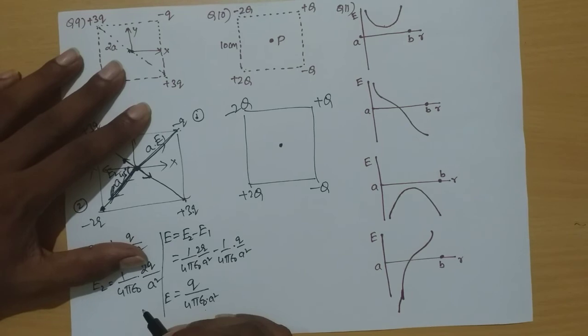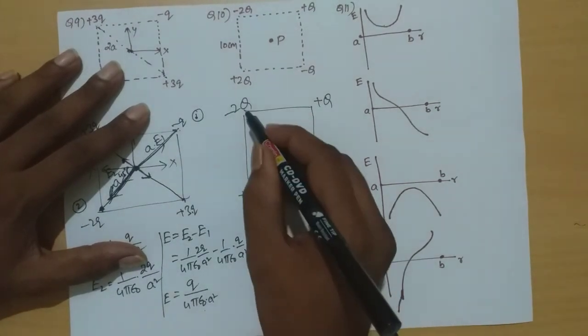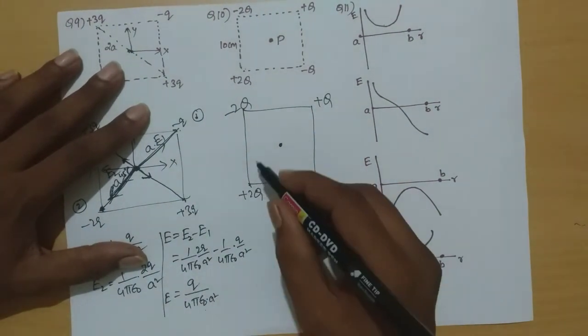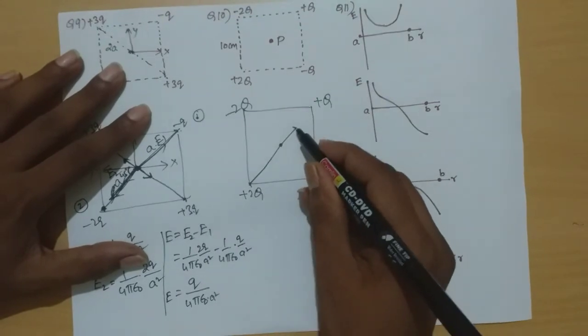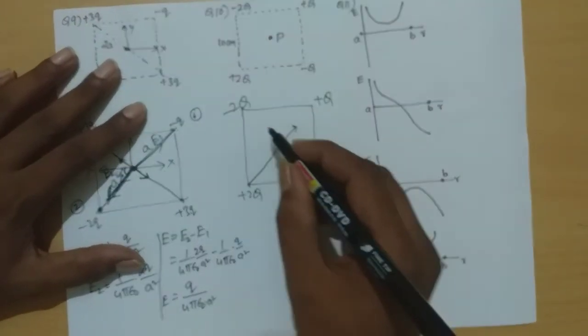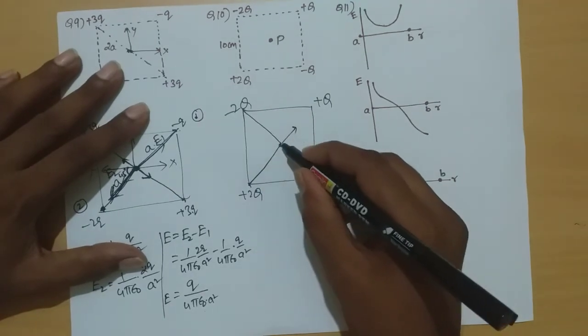So first I am considering the plus 2q and minus 2q to solve very easily. The field is radially outward in this way, and this one is radially inward, toward it.